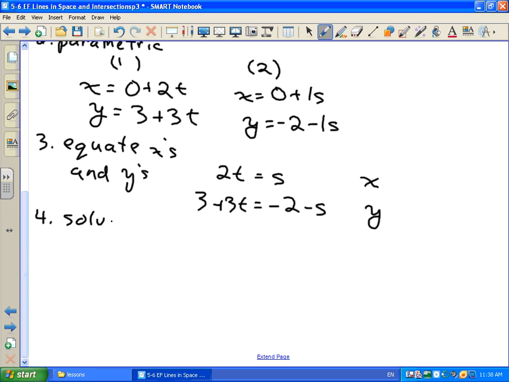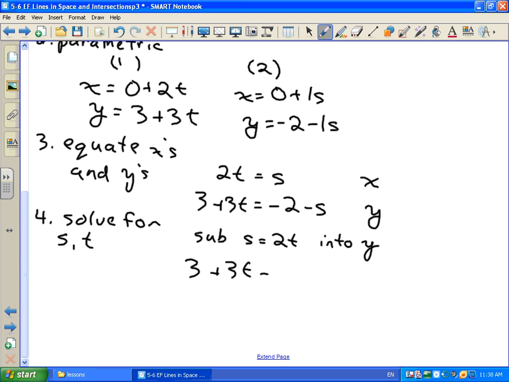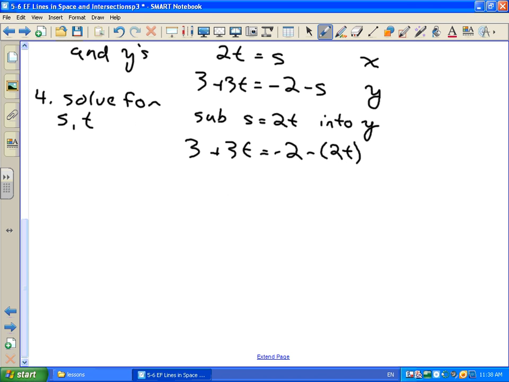Solve for s and t. In this case, if we use substitution, we know that s equals 2t, so we're going to sub s equals 2t into my y equation here. So I get 3 plus 3t equals negative 2 minus, and we sub in s, which is 2t, and then we just need to solve this thing.